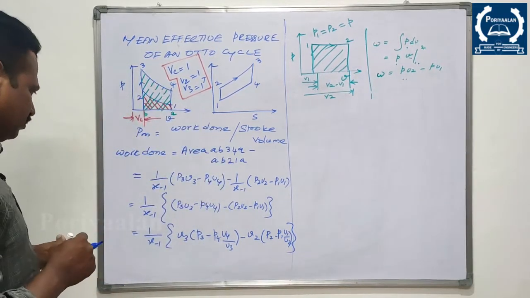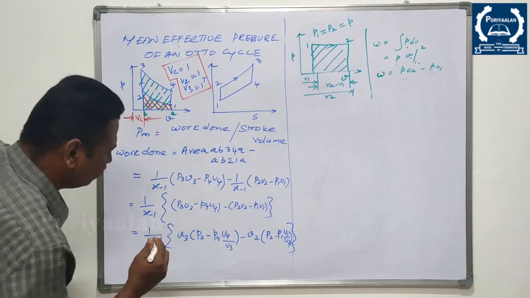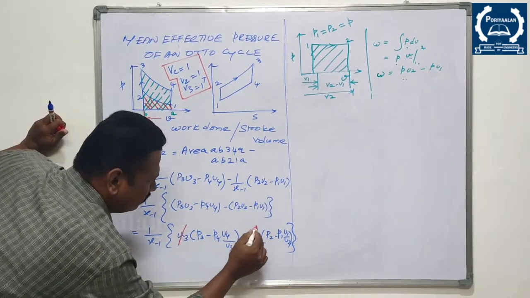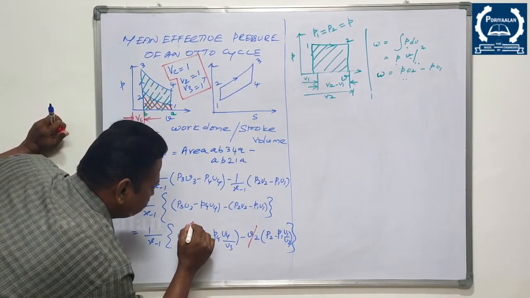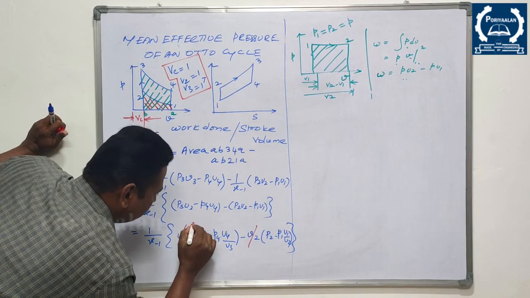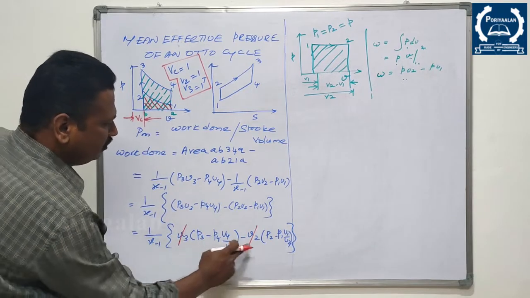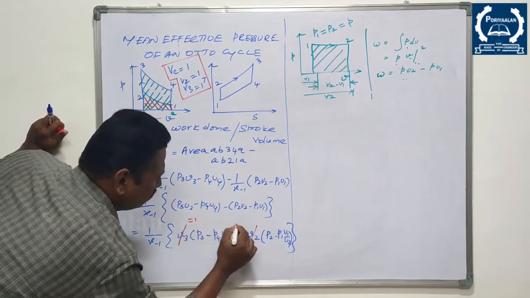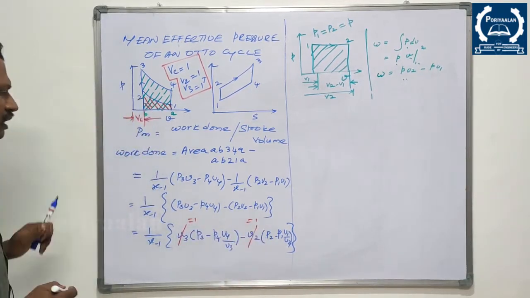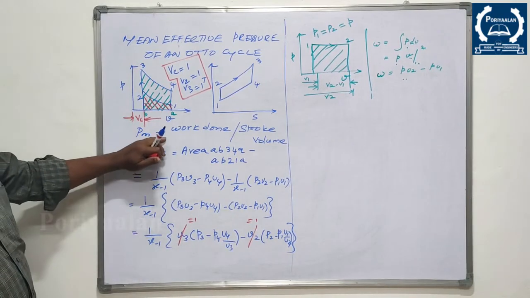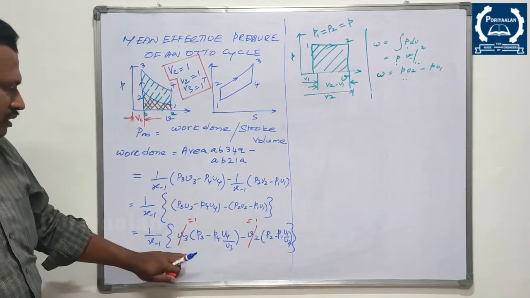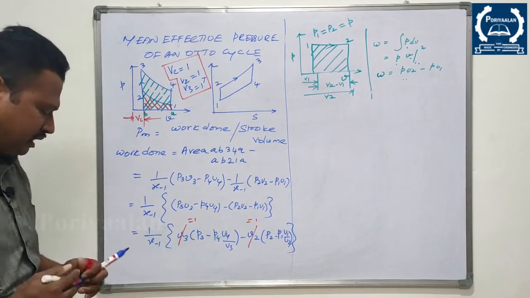In the next step, I am leaving these two factors, V2 and V3, because V2 equal to V1 equal to 1, because it is a clearance volume. So we have assumed that clearance volume is 1. So that's why I am eliminating these two factors, right?